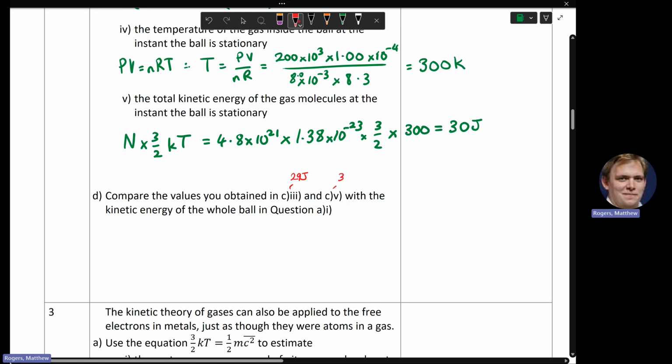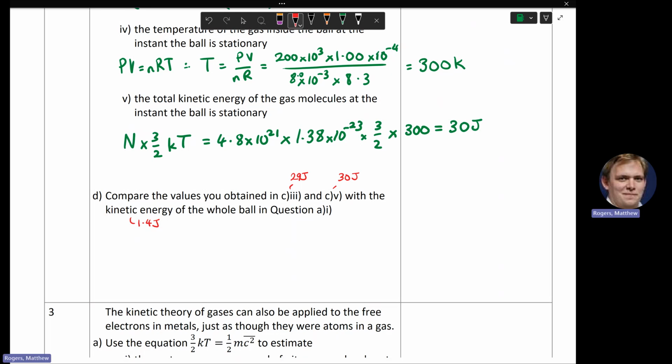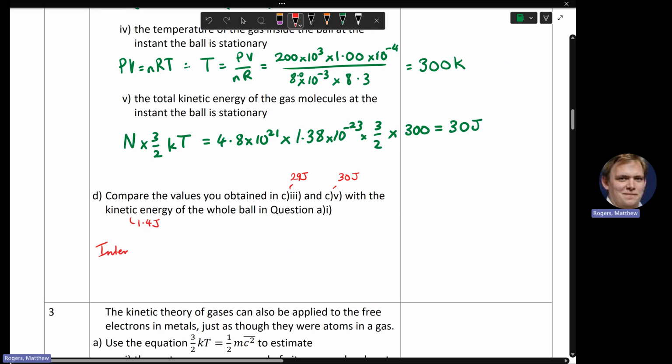After it was dropped, it increased to 30 joules, and the kinetic energy of the whole ball was 1.4 joules. So we could first of all notice that the internal energy of the gas is quite a lot bigger than the kinetic energy of the ball to start off with.